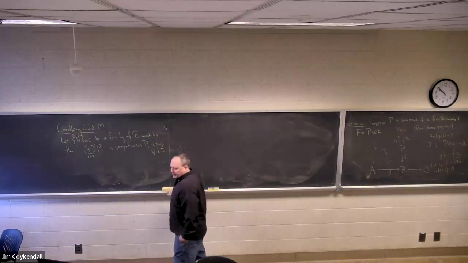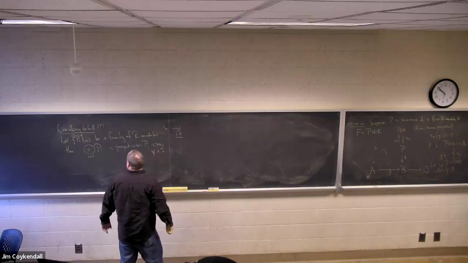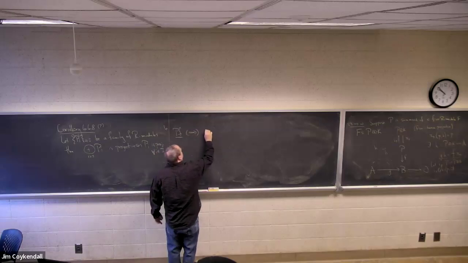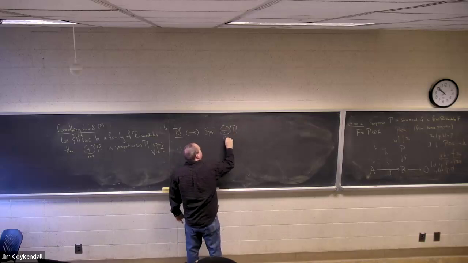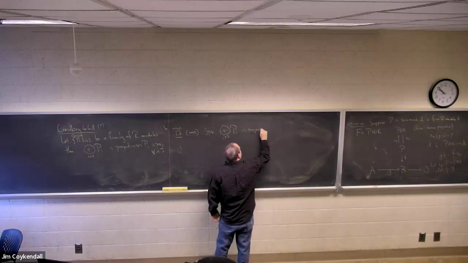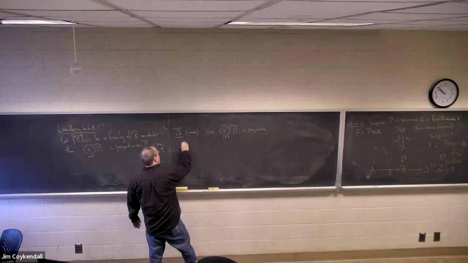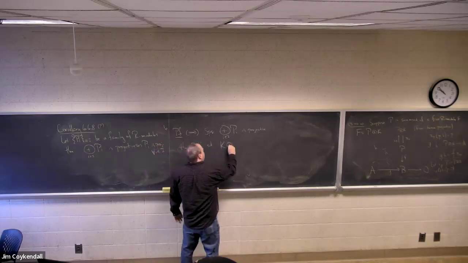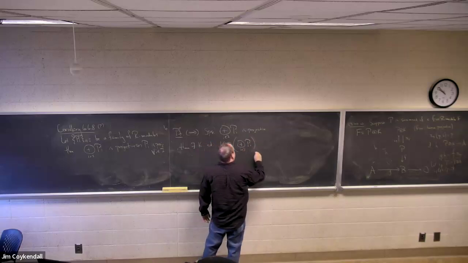So I can go through this proof, I think, fairly quickly. Suppose the direct sum of P_i is projective. Then there exists K such that K direct sum P_i is free.